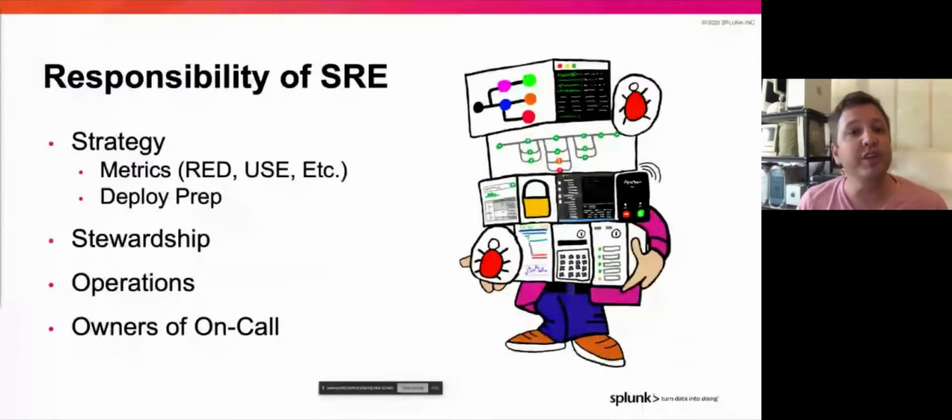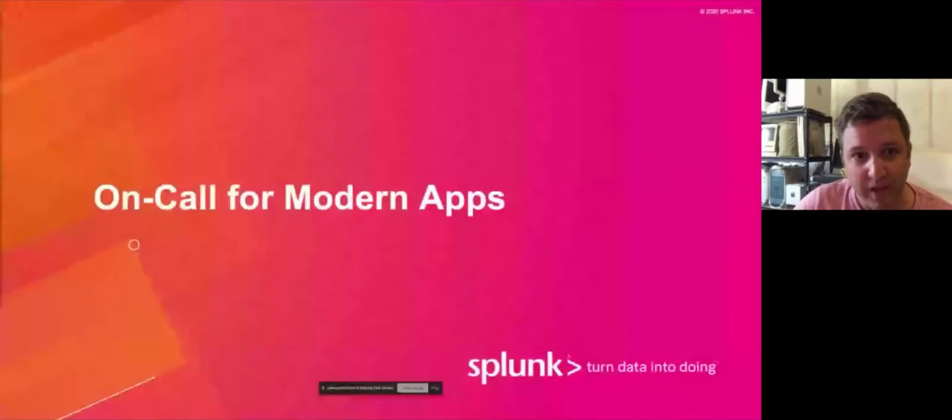And they usually own on-call. So they're usually the ones responsible for setting up on-call strategies and helping make sure that those people who are on call in rotations and schedules are as effective as they can be and trying to avoid burnout, because that really matters a lot. So let's talk about what that means.